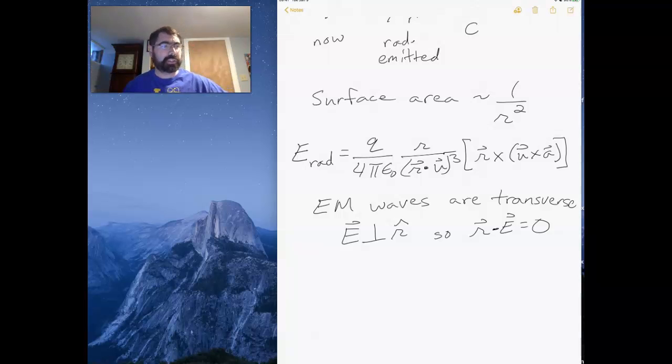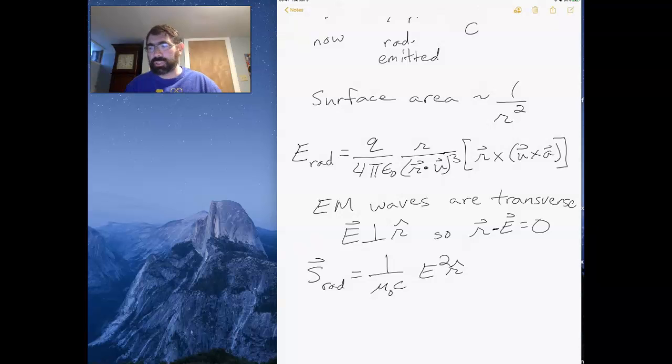So the dot product of the propagation vector of the electromagnetic wave and E is 0. That means that the Poynting vector that is related to the radiation is going to be just the E squared term. Just that. So the energy of the radiation is associated with the electric field squared.